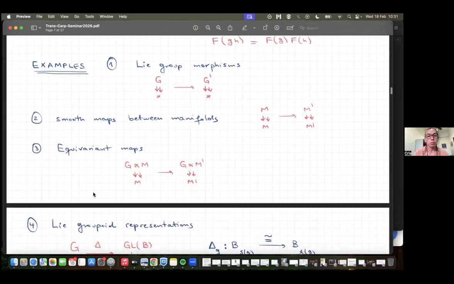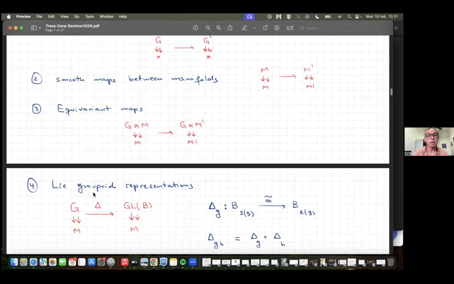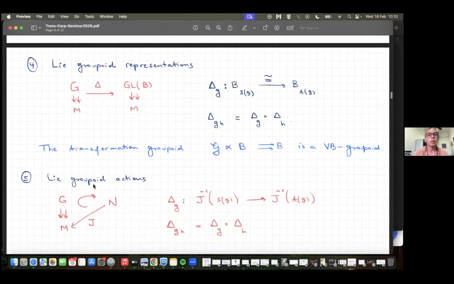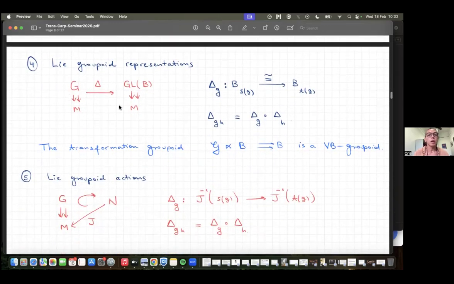If one has a morphism between a groupoid and the groupoid of symmetries of a vector bundle, the groupoid associated to a vector bundle, this gives you a map delta which takes an arrow G and associates an arrow in GL(E), which is just a linear isomorphism between the fibers.